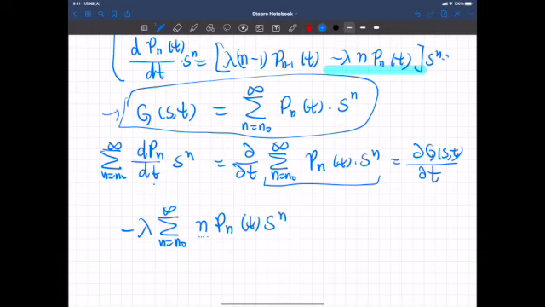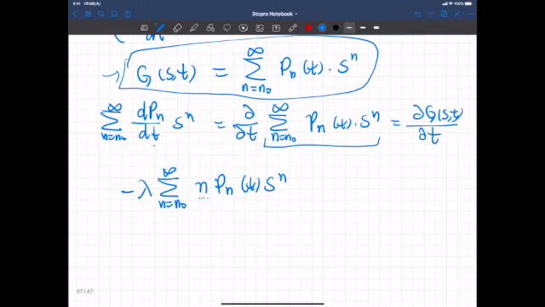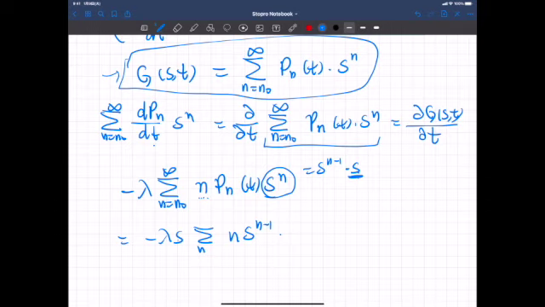Okay, so here's how we do. Let's look at this, s to the power of n, which is equal to s to the power of n minus 1 times s, and move this s outside of this summation. So that becomes this. Let's write in this order.